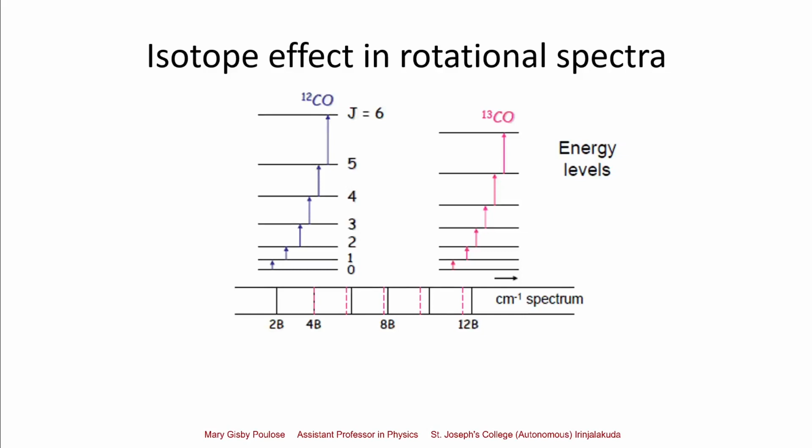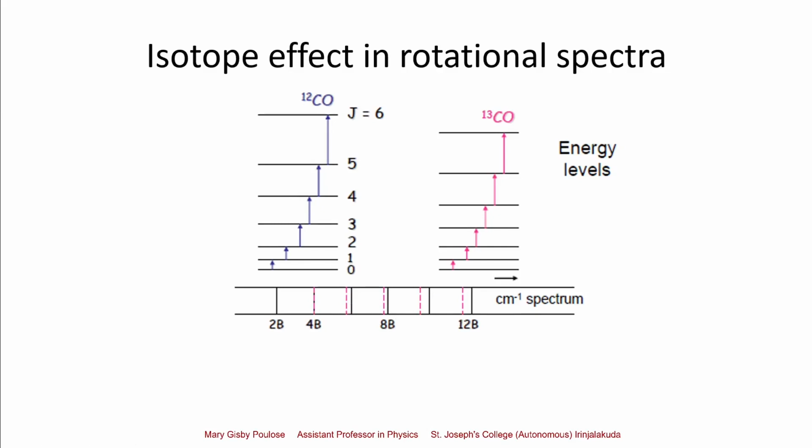This shows the rotational spectra for the carbon 12 oxide molecule and the carbon 13 oxide molecule. For the carbon 12 oxide molecule, we get the spectral lines in the black lines here, and in the carbon 13 oxide molecule, we see the spectral lines shown by the pink dotted lines.